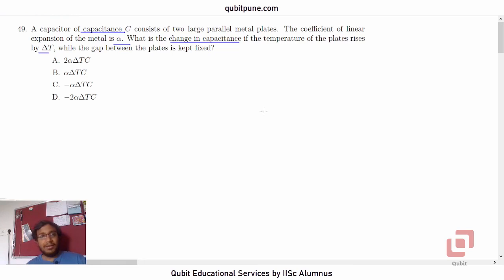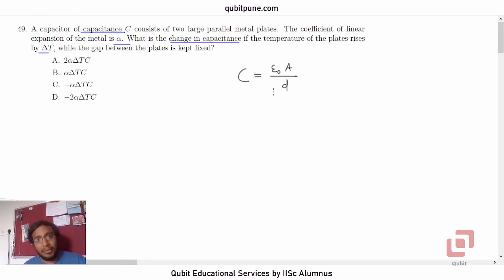To begin with, let us recall in usual notations the formula for capacitance of a parallel plate capacitor. It is epsilon naught A by D, where D is the separation distance and A is the area of the metal plate. Now epsilon naught is not going to change because of temperature.